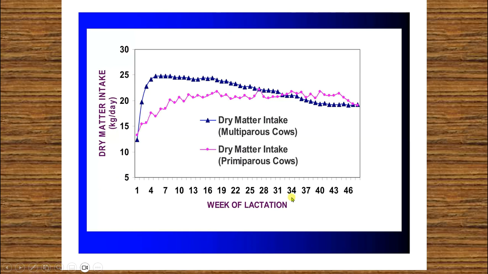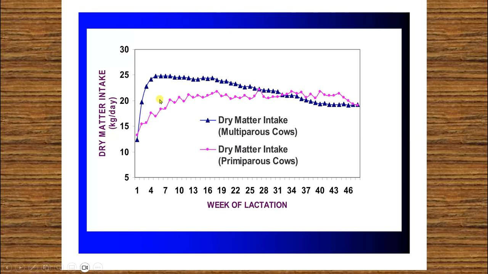Suppose the lactation weeks are the first week, fourth week, seventh week, and the 46th week. What happens is that initially the dry matter intake increases drastically, up to 25 kg per day. Then it remains stable for a certain time and slowly gets reduced toward the end of the 46.